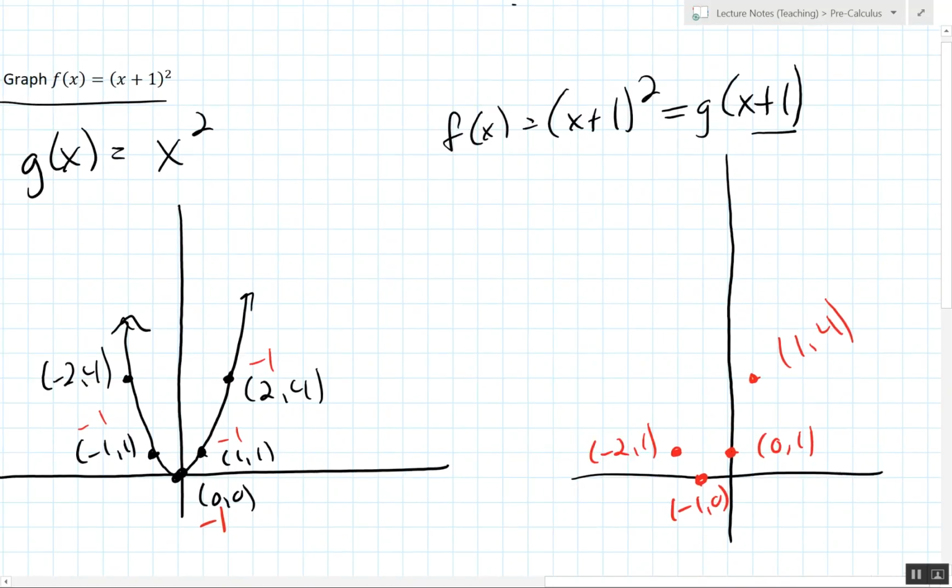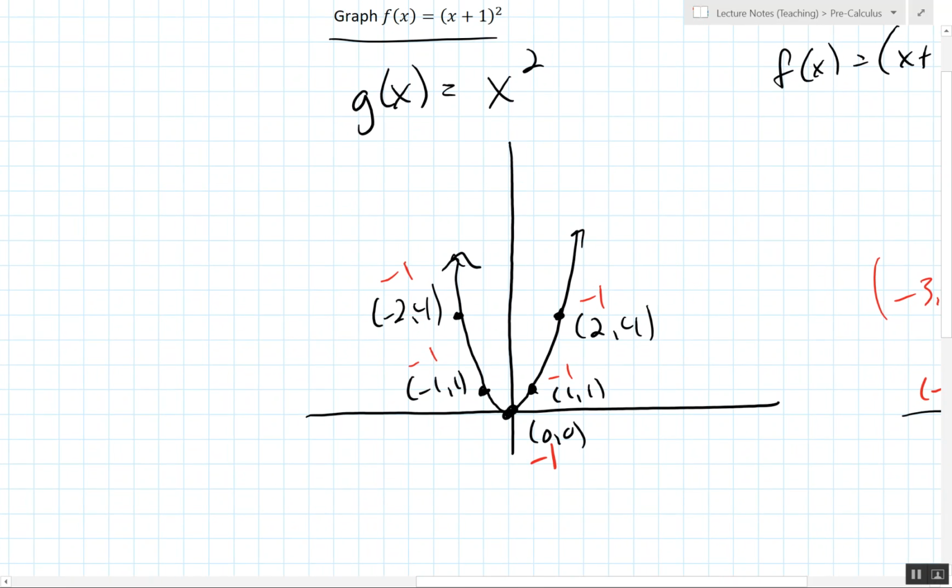And then if we subtract 1 here, we'll go to negative 3. And then we graph. And there we go. That is how you do horizontal shifts.